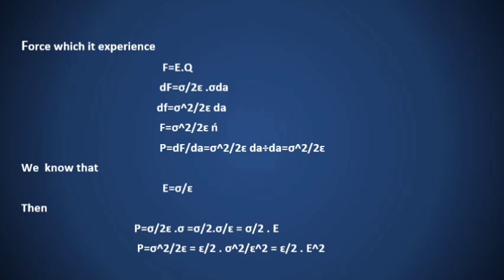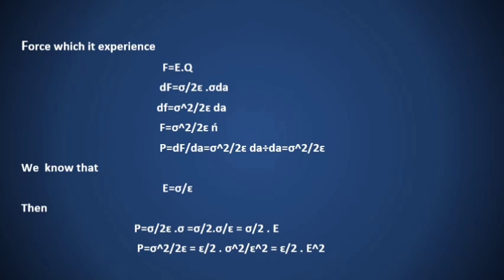Pressure, similarly, P equals dF over dA. Put in the values and simplify: sigma squared over 2 epsilon dA divided by dA is equal to sigma squared over 2 epsilon.